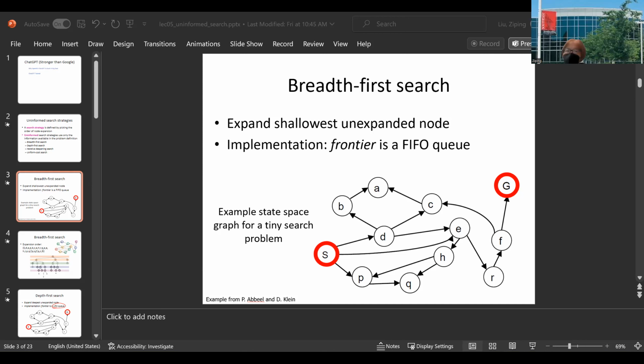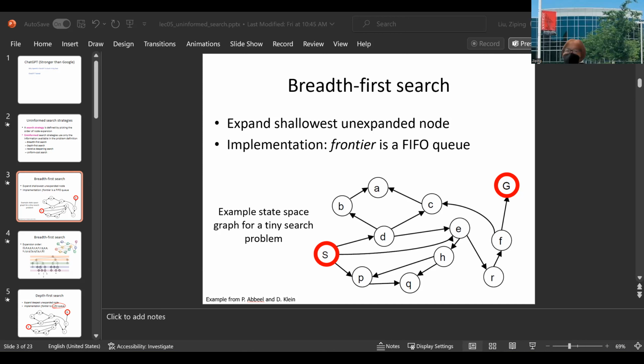Time complexity is the number of nodes generated, and space complexity is the maximum number of nodes in memory. For time and space complexity, we measure in terms of the following three terms. B is the maximum branching factor of the search tree.